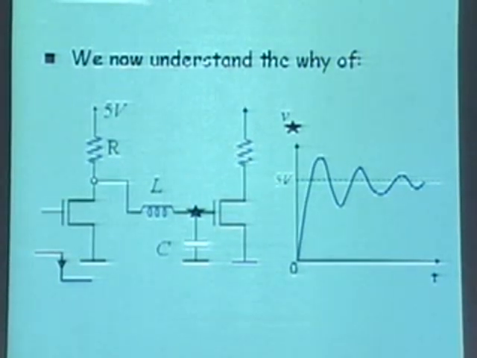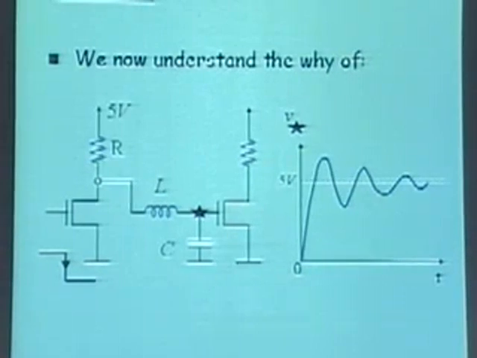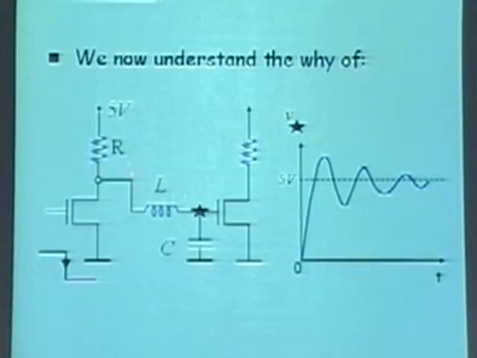And the inductor, an ideal inductor, looks like a complete short circuit for DC. And so therefore, in the long term, it is as if this guy is a short, this guy is an open, so 5 volts simply appears here. And this is the transient behavior when we just switch the first transistor off.